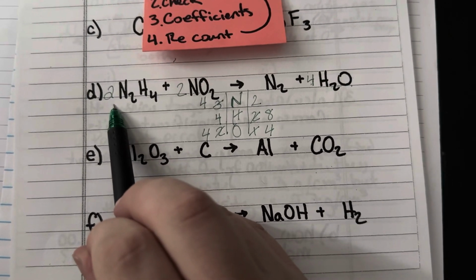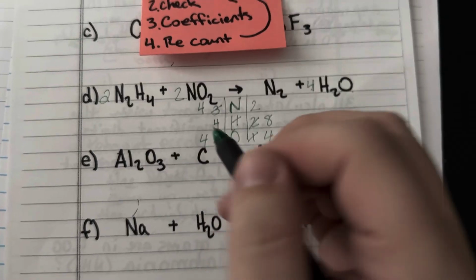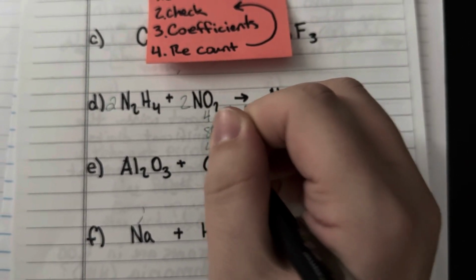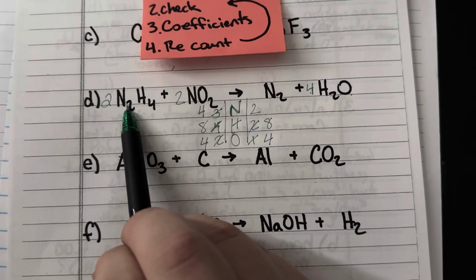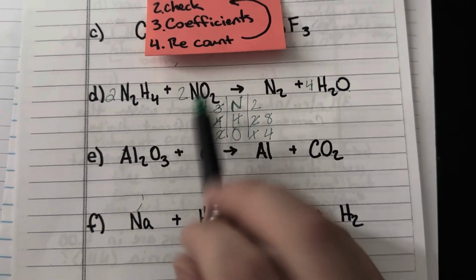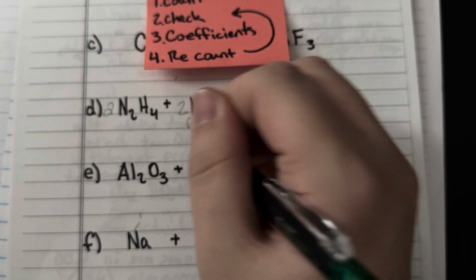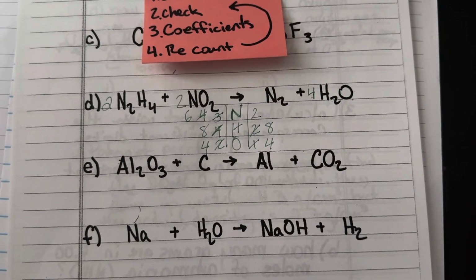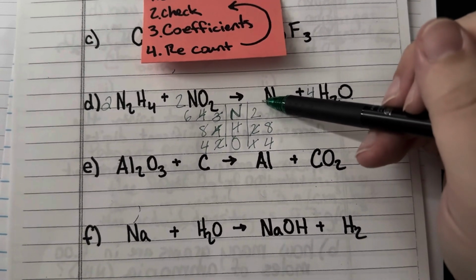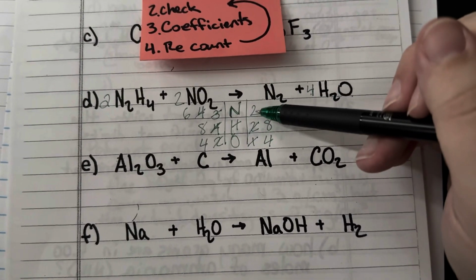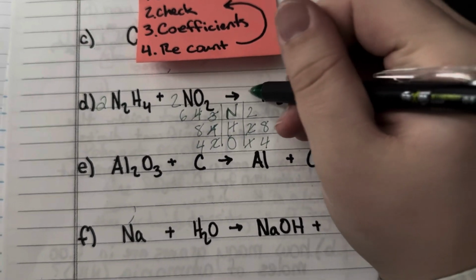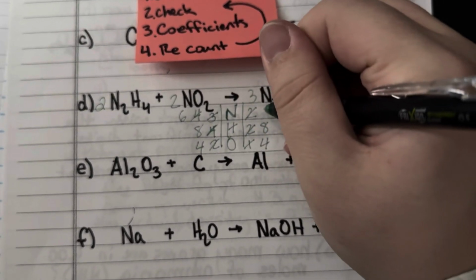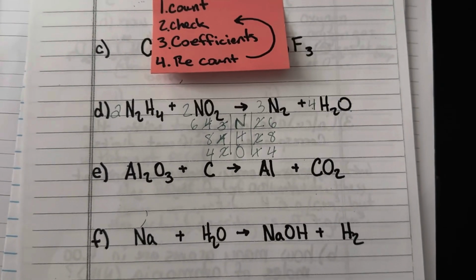So if I change this guy to a 2, that makes the hydrogen 8 on the left, but look at this nitrogen. 2 times 2 make 4, plus the other 2, now it's 6. Okay, see, if we had made this a 2, that'd make it 4 nitrogen, but now I'd have to change it anyway. So that's why I left it for later. So now I can make this a total of 6.